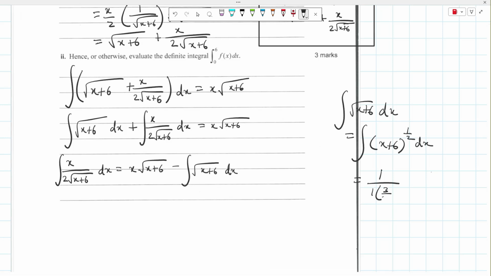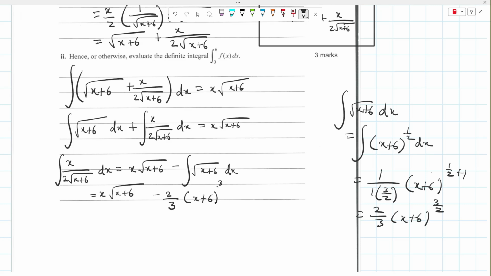That's just going to be 3 over 2 times x plus 6 to the half plus 1. So that's going to be 2 over 3 times x plus 6 to the 3 over 2. So we get x root x plus 6 minus 2 over 3 times x plus 6 to the 3 over 2.